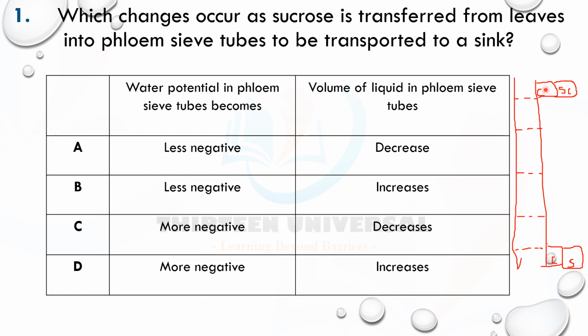When you move sucrose into this place, the water potential will decrease because solute potential is increasing. Remember, both of them are inversely proportional. So as solute potential increases, water potential will decrease. Because water potential decreases, water moves from neighboring tissues into the sieve tube, from high water potential to low water potential, by osmosis.